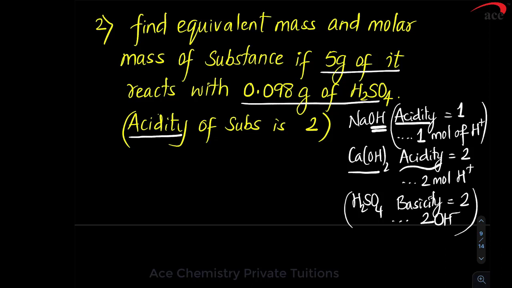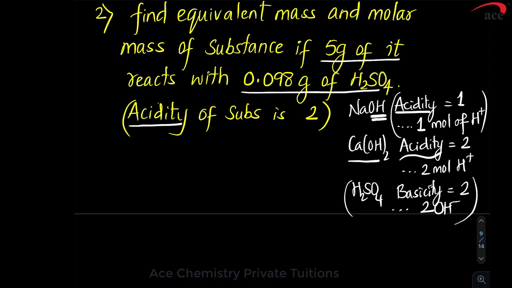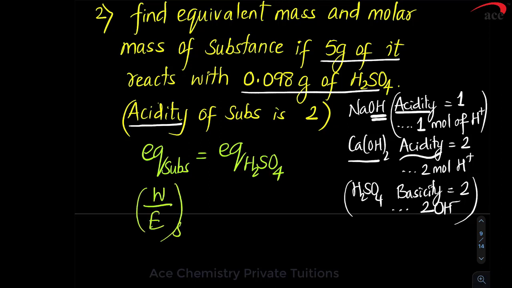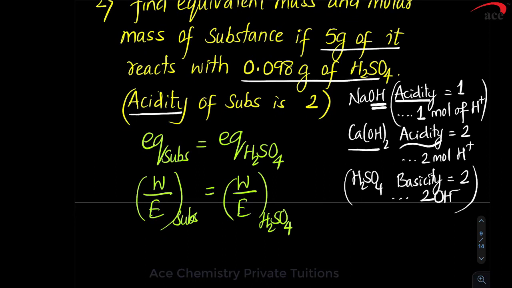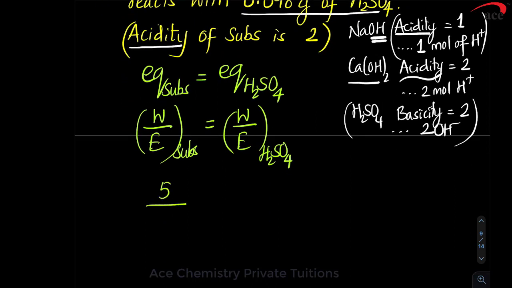What next? It is given 5 gram of one substance reacts with 0.098 gram of sulfuric acid. So what is the methodology that we'll use? We can say EQ of that unknown substance will be equal to EQ of sulfuric acid because the reaction is complete. Can I say weight upon equivalent mass of that substance will be equal to weight upon equivalent mass of sulfuric acid? Why in both the cases have I used weight? Because weight is given.